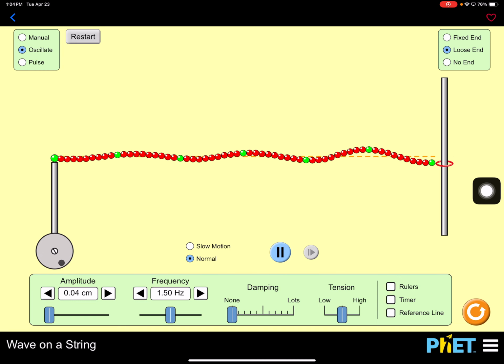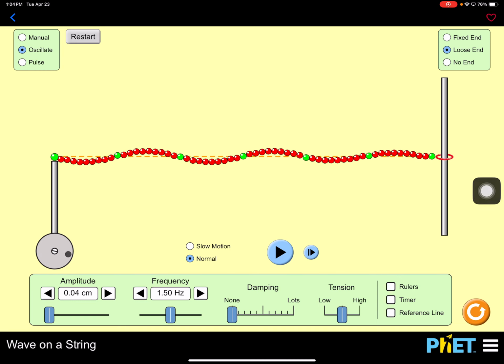What I'm going to do is increase the tension in the string. Think of a rubber band, and now I pull harder on the rubber band and send the wave. Or think of a guitar, and what did I do? Increase the tension in the string. Let's see what happens.